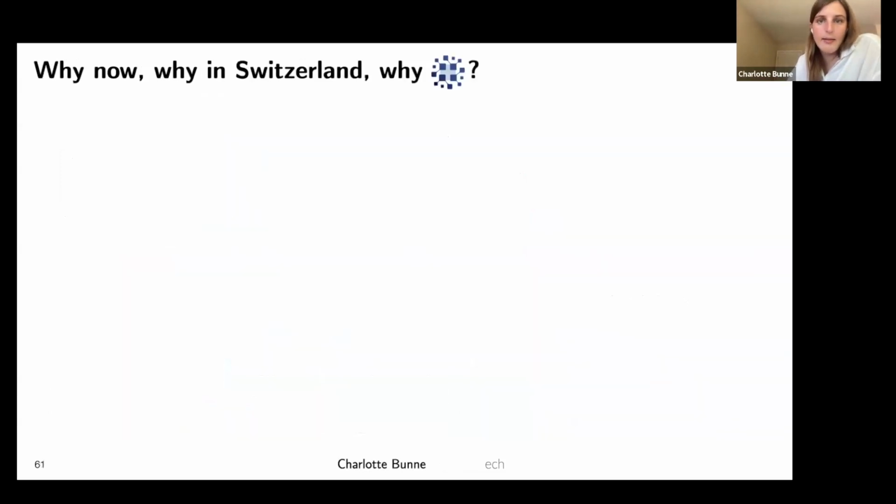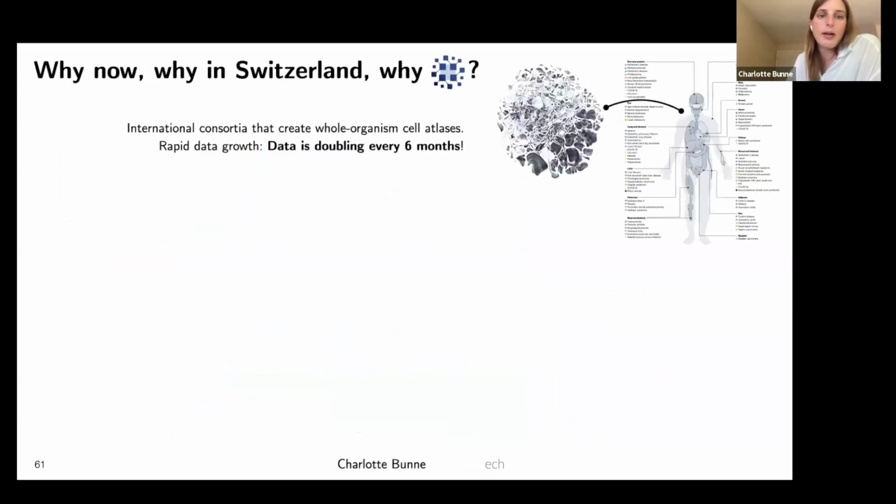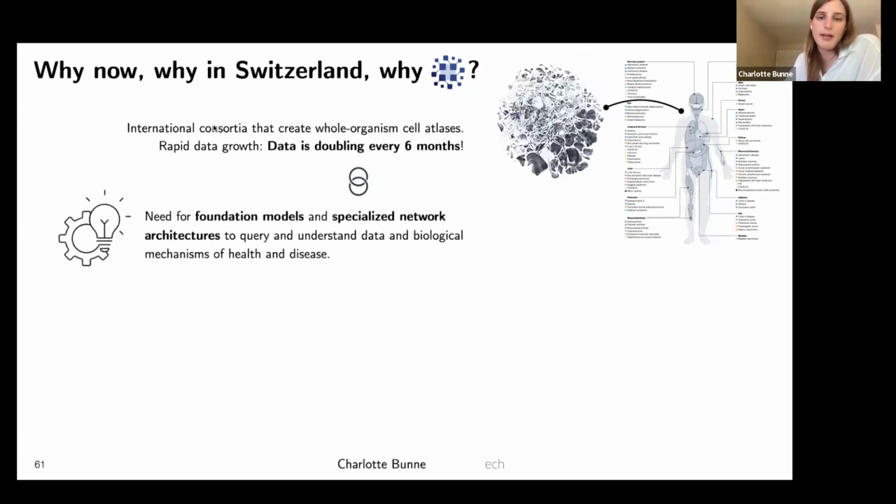In case you're interested in this type of research, here is why to come to Switzerland and why to join the lab we are starting in September. On the one hand, we are at a very critical point in biology where we have a lot of data, whole organisms, cell atlases, and very rapid data growth, with data doubling every 6 months. At the same time, we need core development of architectures that can deal with this type of data, and this is nothing we have right now.